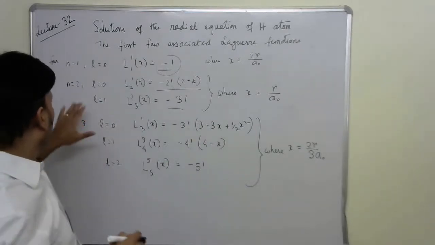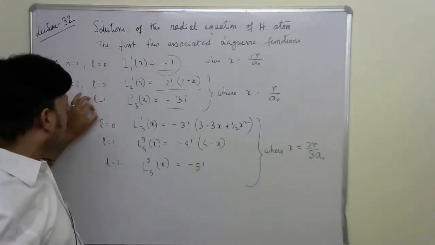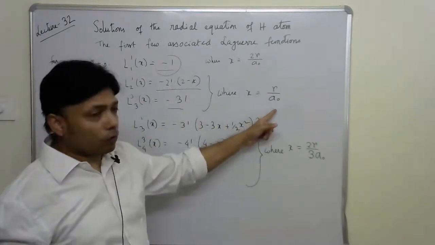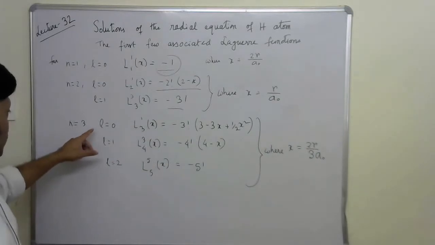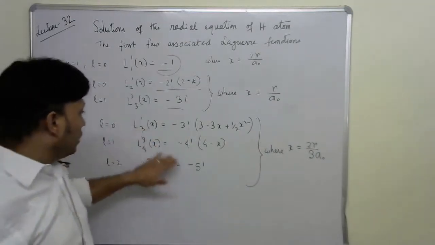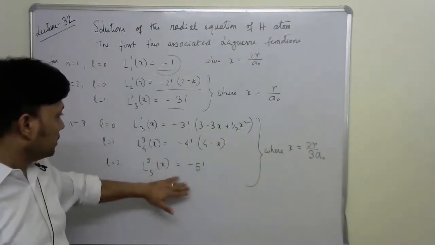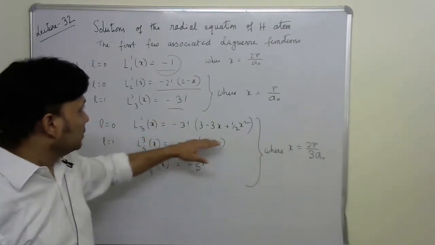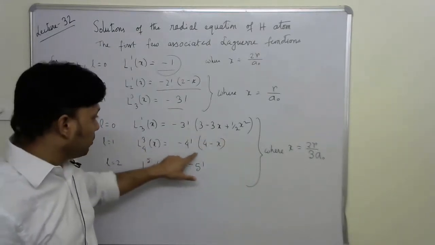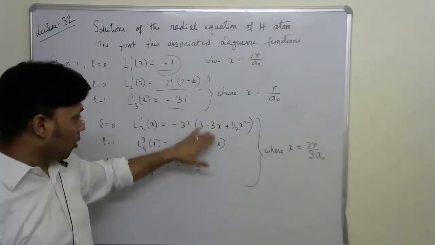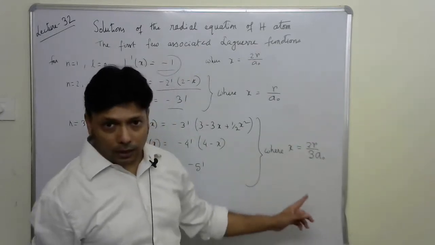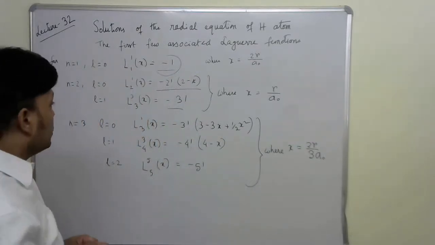Similarly for n equal to 2, l equal to 0 and l equal to 1, we have these expressions where x equals r over a naught. For n equal to 3, we have three scenarios, l equal to 0, 1, and 2. For each of the cases, the associated Laguerre functions take up expressions like these. Of course, here x equals 2r over three times a naught.